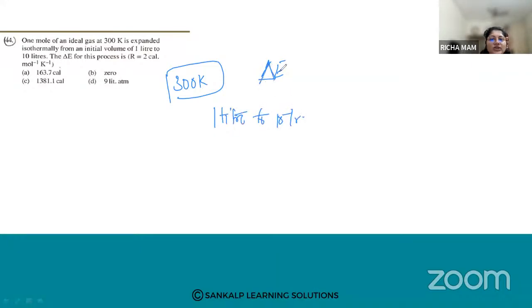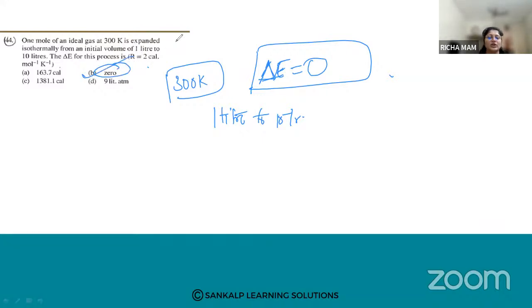They have asked what is the change in delta E. Because the temperature is constant, your delta E will be 0. For this process, the change in energy will be 0. For an isothermal process, delta E will always be 0. So option number B is the answer.